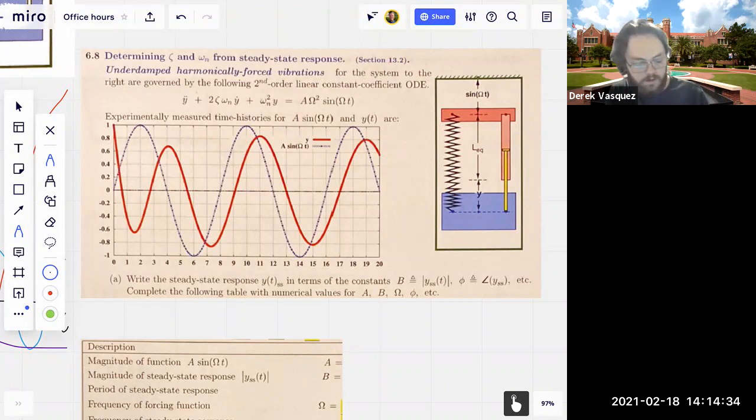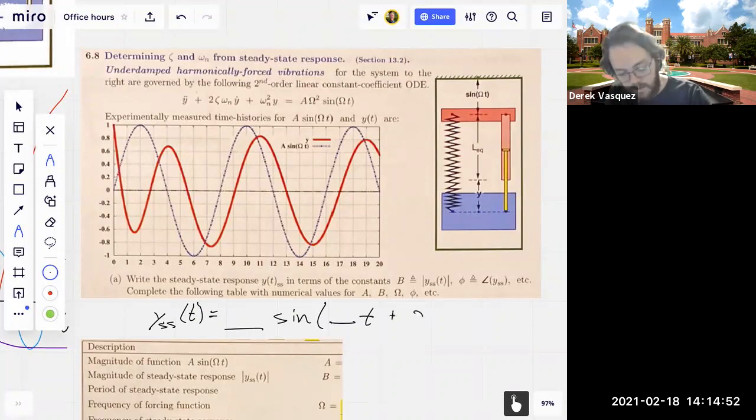What we're given in the problem is that y_s of t is equal to some blank sine of blank t plus phi. Given that, we know that b is the amplitude of the response. So what does that mean for this first blank? What's that equal to?